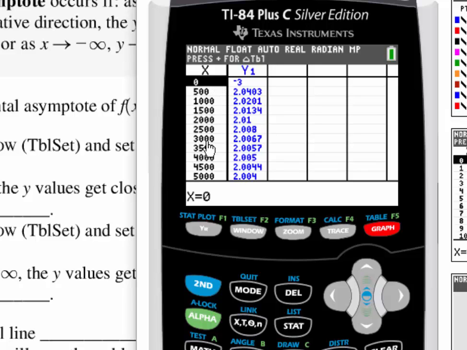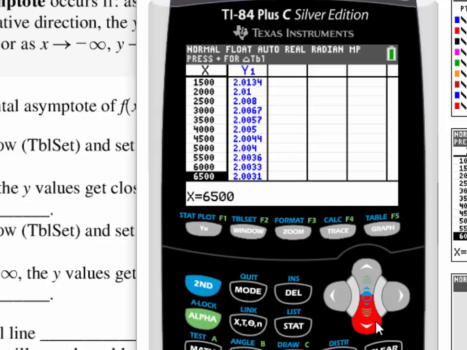So as x gets bigger and bigger, what happens to y? You see here y is 2.04, then 2.02, 2.01, 2.005. You can see y is getting smaller and smaller, but it doesn't look like y is going to go below 2. Y is getting closer and closer to 2, but never actually touches 2.